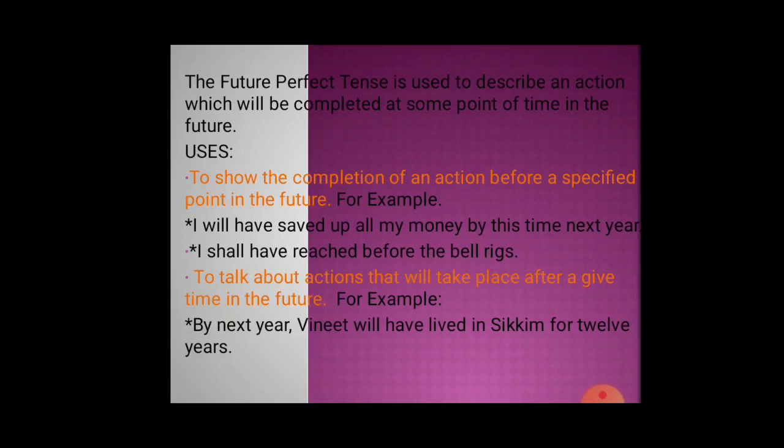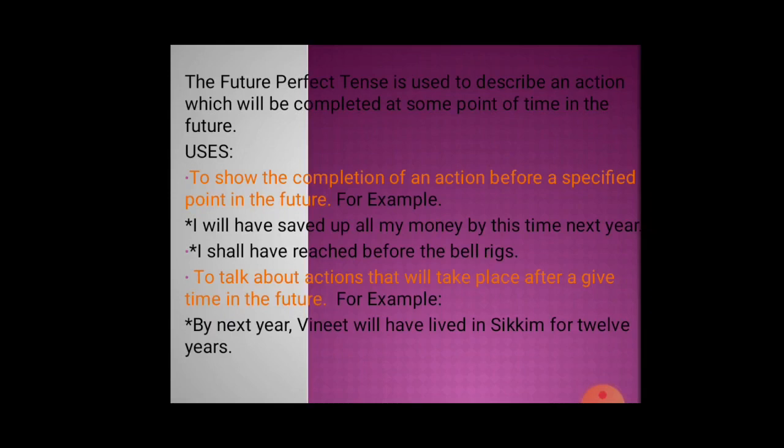For example, I will have saved up all my money by this time next year. So it is told for the future that I will have saved up all my money by this time next year. Means next year by this time I would have saved up all my money. I shall have reached before the bell rings.